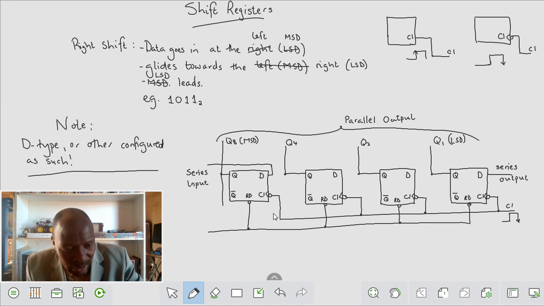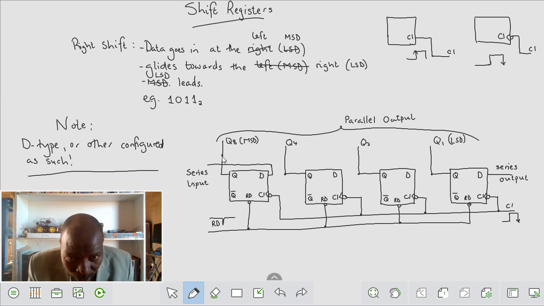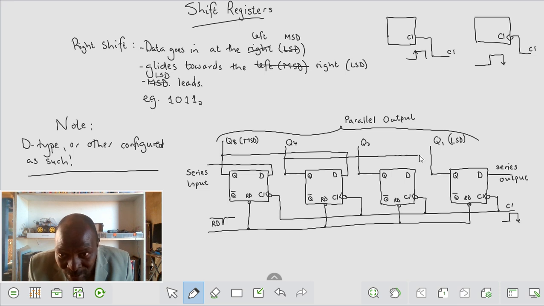So the one to the left is feeding the one immediately to the right of it. It goes into a D, and that one then comes out and will feed the last one.